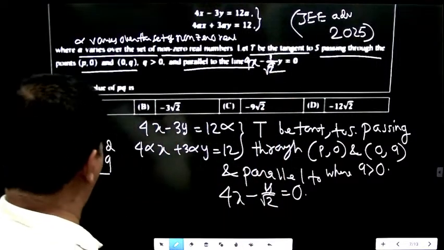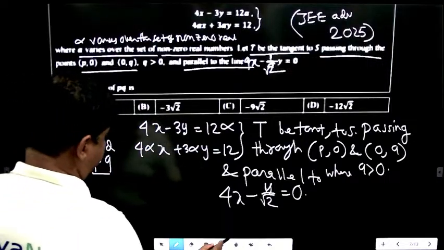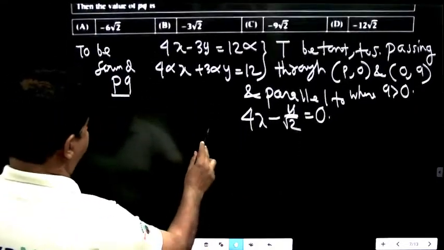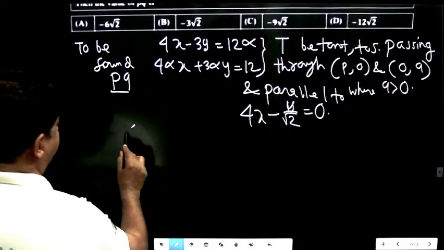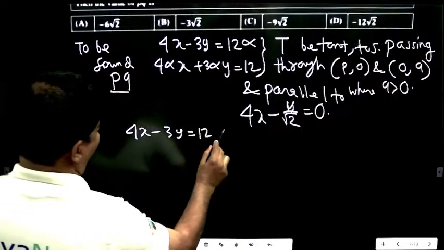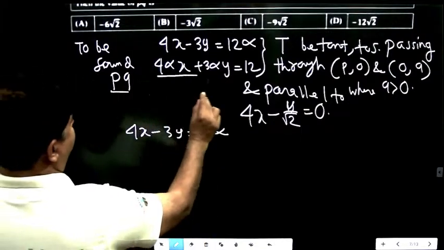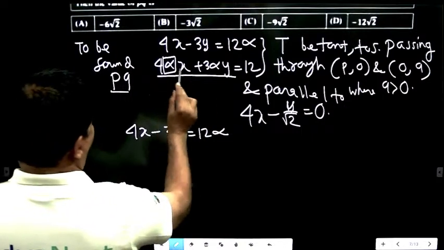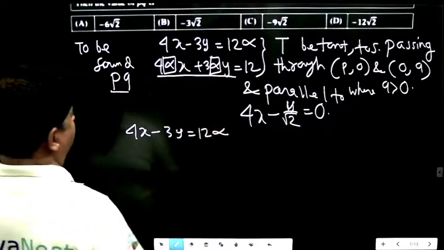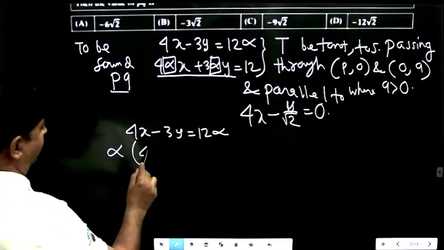Now, first we will do what? 4x minus 3y is equal to 12 alpha. We have no problem in it. Now, from this equation, I can take out the common factor alpha. Then what will be left in the bracket?